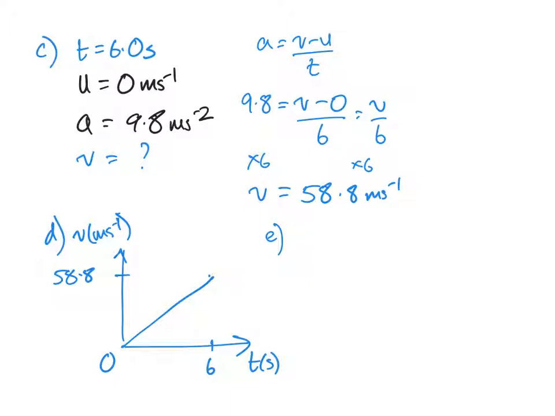So if I go back now, that's the area there I've put in green. So it's a triangle. So the distance.